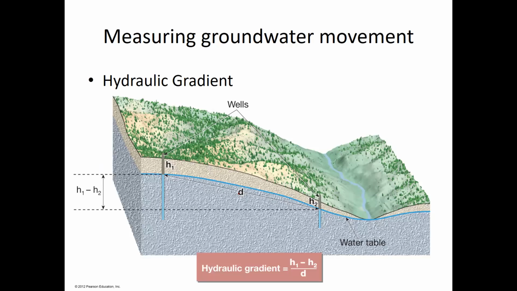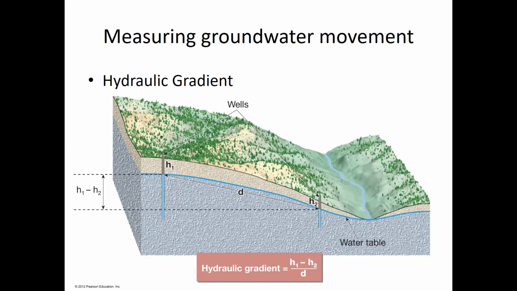And so how we measure how groundwater will move: we already know that groundwater will flow from high to low elevation along the path of steepest descent. But how fast will it flow? Well, to determine this, we have to calculate the hydraulic gradient, which is basically the slope between two points.